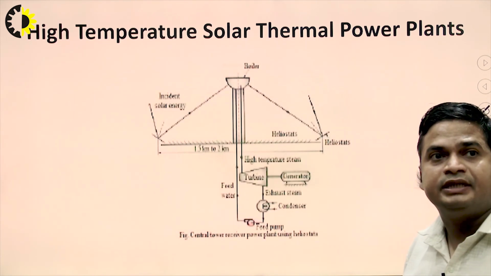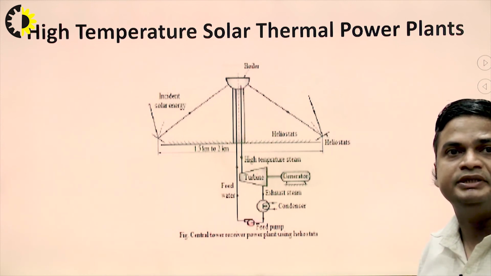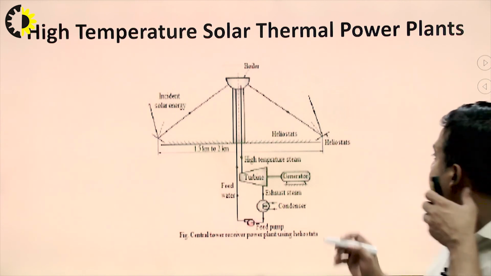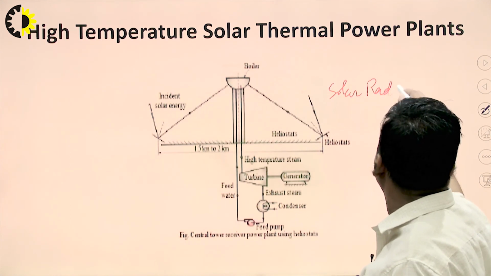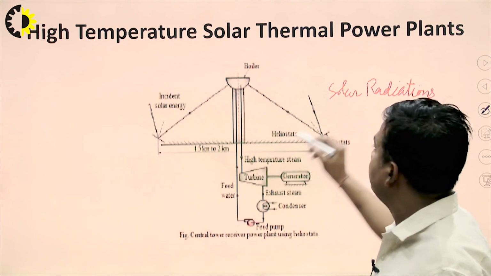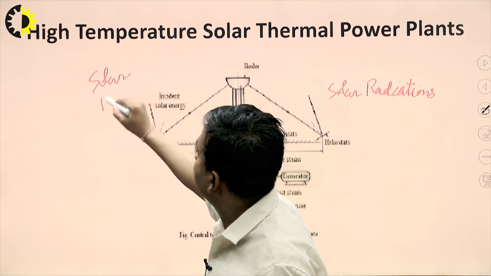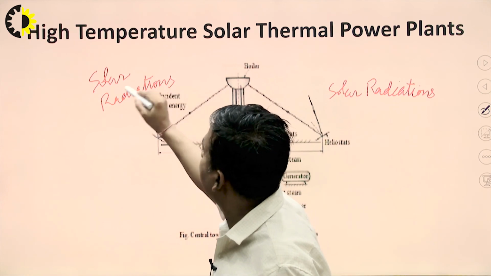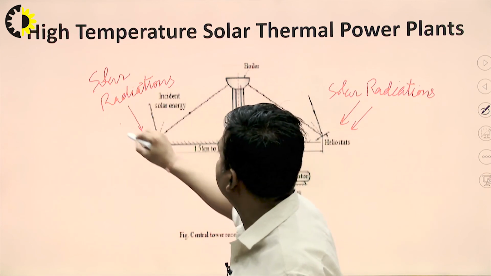Next is the slide which explains how a high temperature solar thermal power plant works. These are the solar radiations. They are falling on the mirrors.